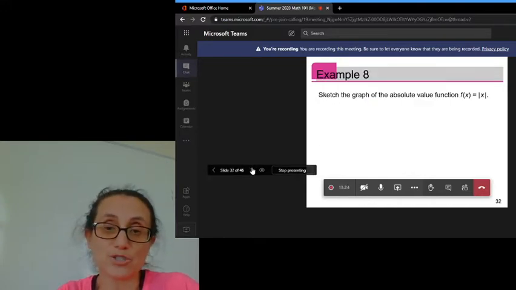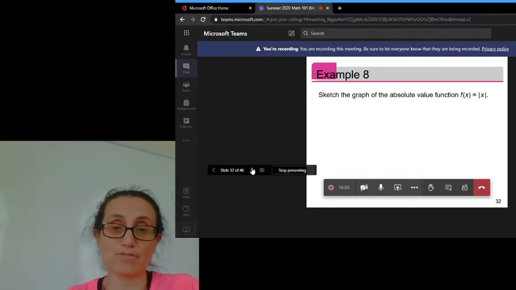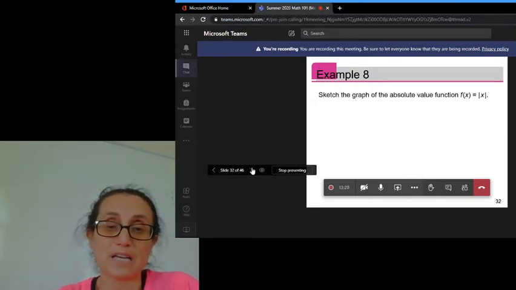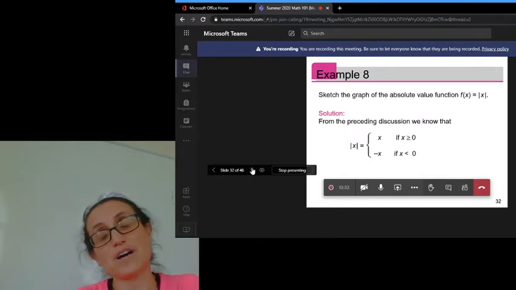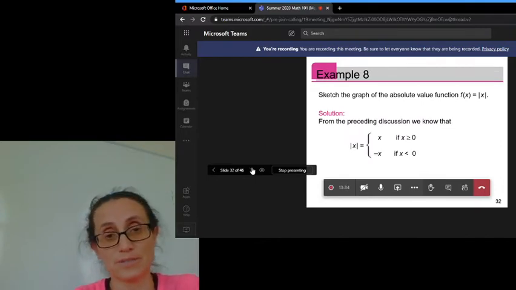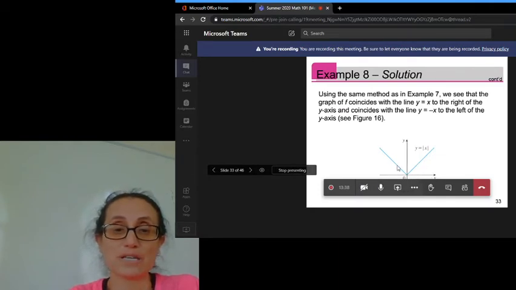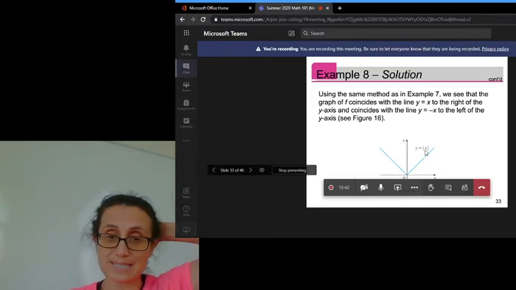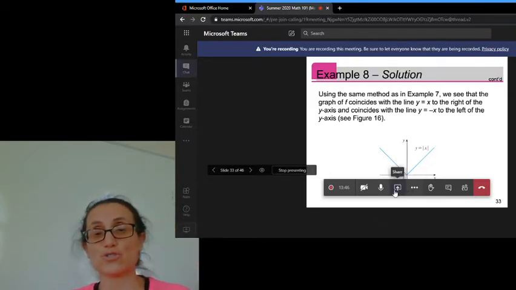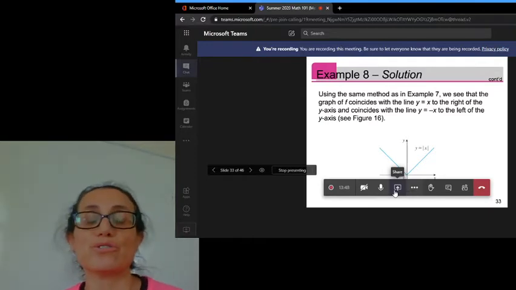So how are we going to draw the graph of this? The graph of this is V-shaped. You should always remember that this function is a V-shaped function. Usually, if this was not the absolute value of x, if it was just x, then we would draw a straight line like this, passing through the origin.